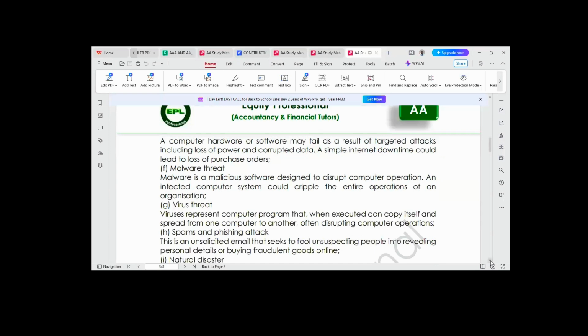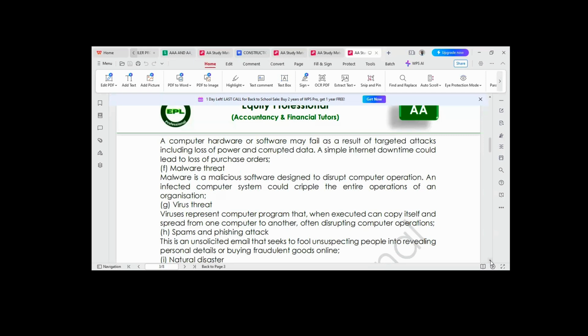Okay. They are what we call virus threat. A virus threat represents a computer program which, when executed, can copy itself and spread from one computer to another, often disrupting computer operations. We call it virus threat.